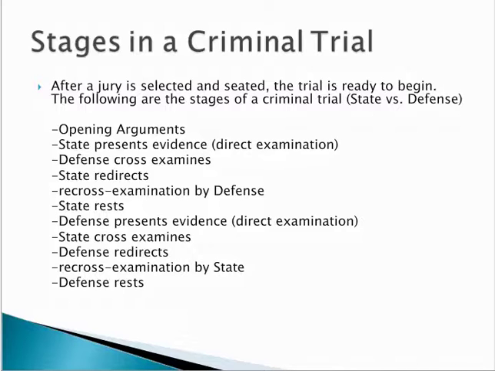Again, circumstantial evidence is evidence from which a fact can be reasonably inferred, such as a defendant being seen with a gun near the scene of a shooting, for example.